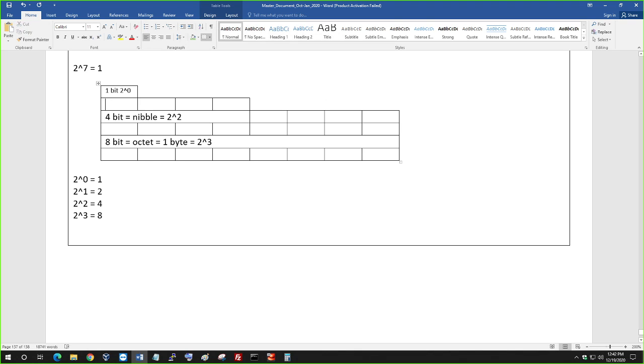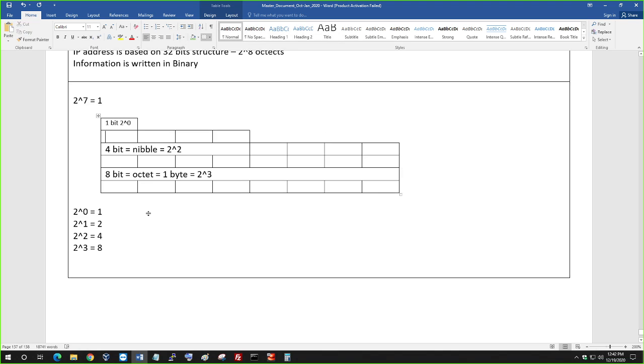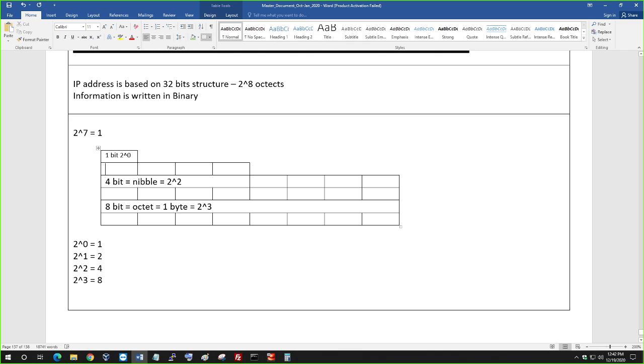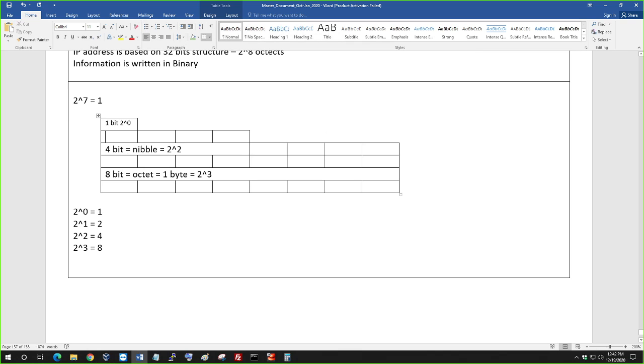Okay, now this is how it's going to be going up here. So the IP address is 32 bits. So 2 to the power of 8 becomes 1 octet here, okay? So you have 1, 2, 3, 4, 5, 6, 7, 8.